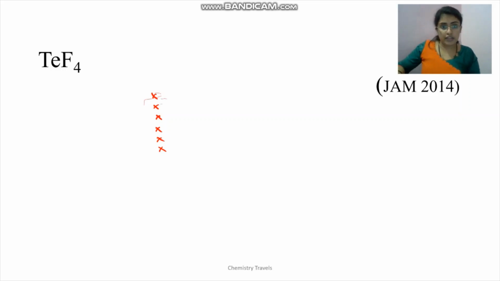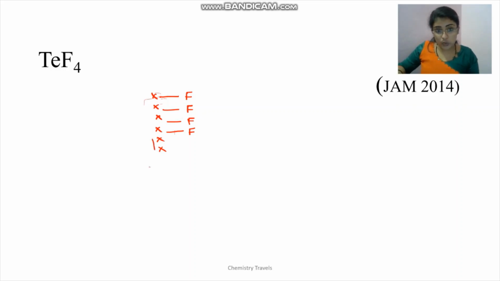This first electron would be shared by one fluorine, the second electron by the next fluorine, my third electron by the next fluorine, and the last, fourth electron by the last fluorine. Now I have 2 electrons remaining without being shared, and that will act as my lone pair. Lone pair means 2 electrons together forming one pair.